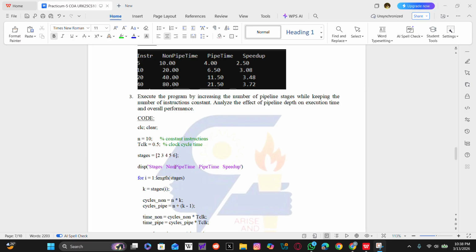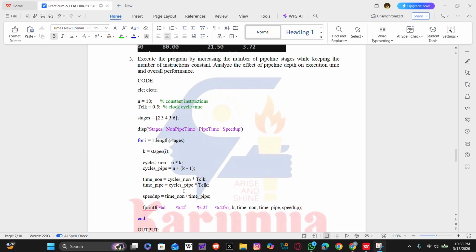And we are using a for loop, which is i equal to 1 to length of stages, k is equal to stages of i, cycles non is equal to n times k, and for pipeline it is n plus k minus 1.